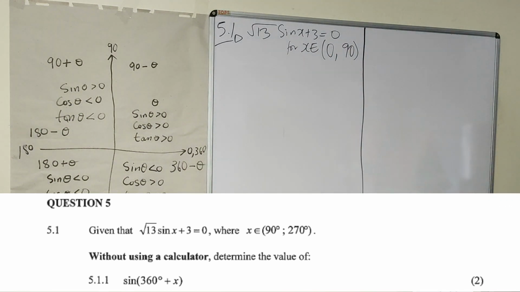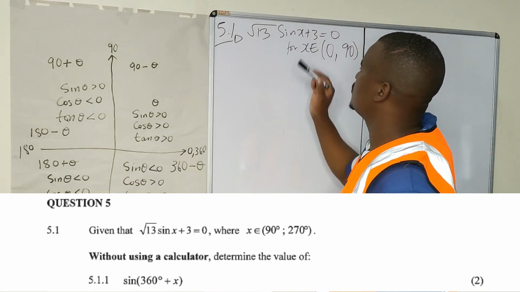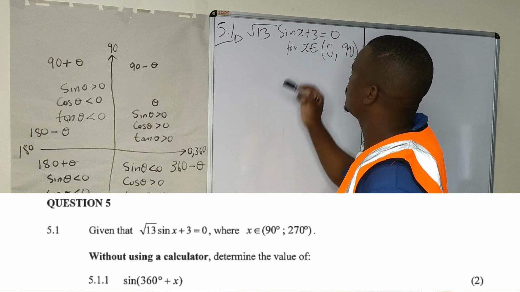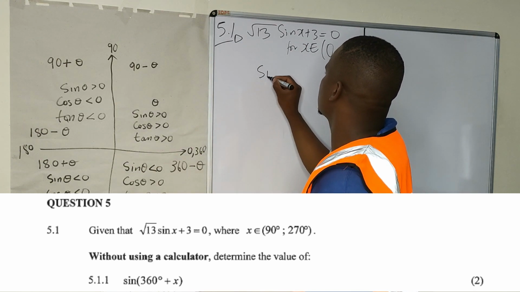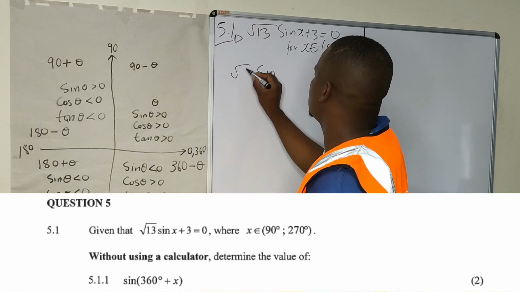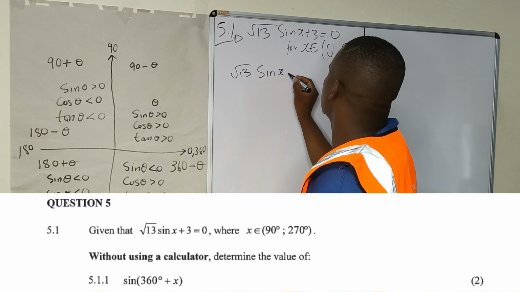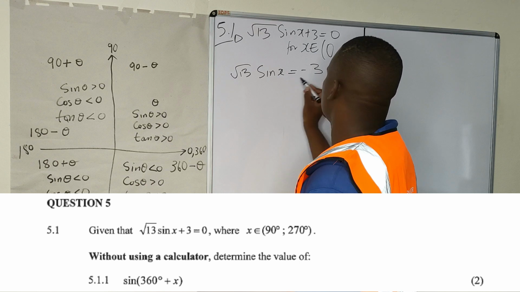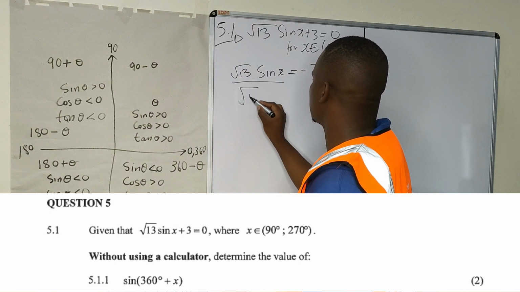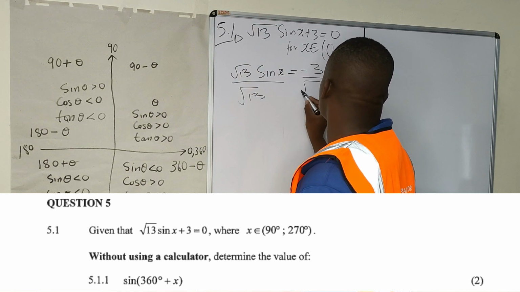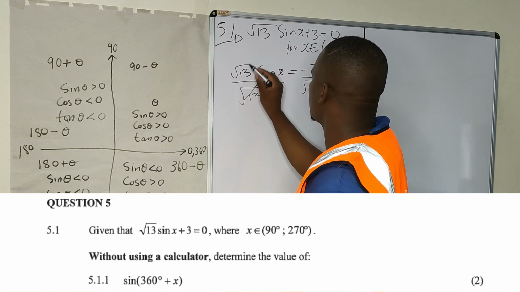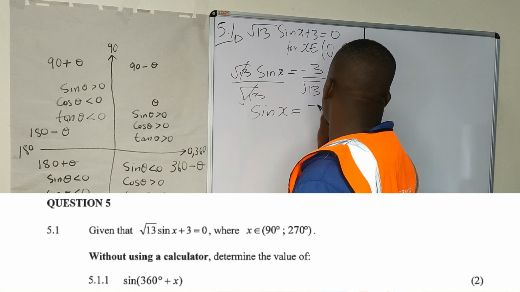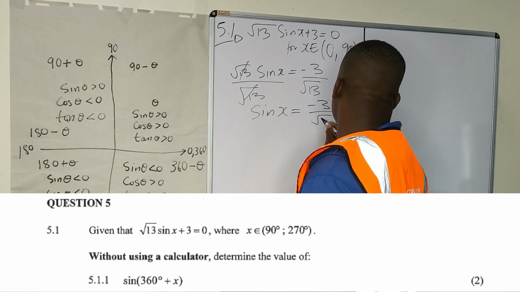So what you do first is you solve for your function here, which is your sine x. Root 13 sine x is equal to minus 3, divided by root 13 on both sides. So we are left with sine x equal to negative 3 over root 13.